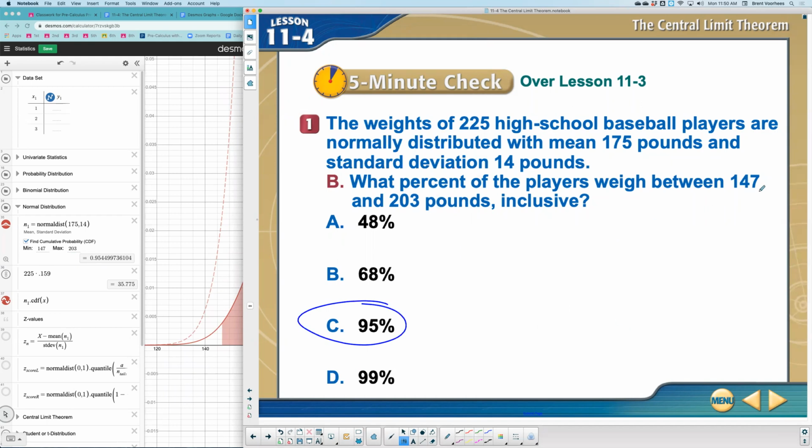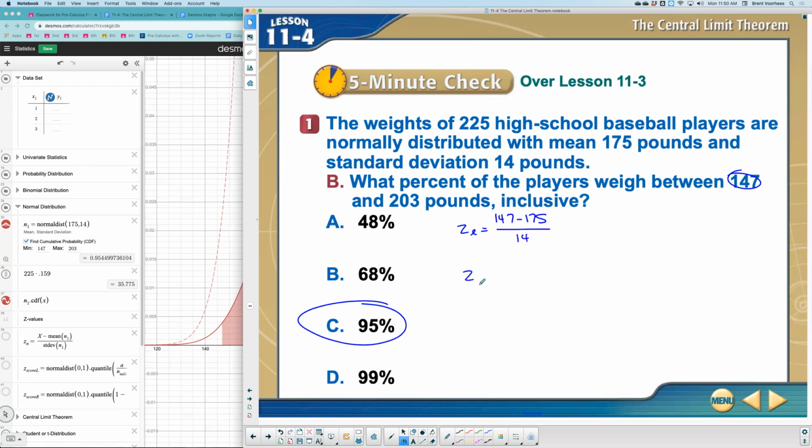Okay, again, if you wanted to use the Z numbers, what you would do is your Z for your left bound, let's call it the Z score, I'll just do a Z with an L here for left, would equal the 147 minus the 175 divided by 14.